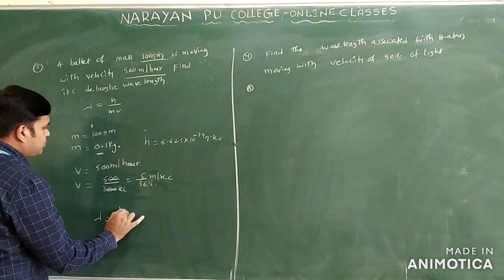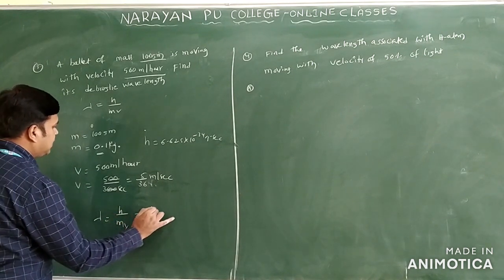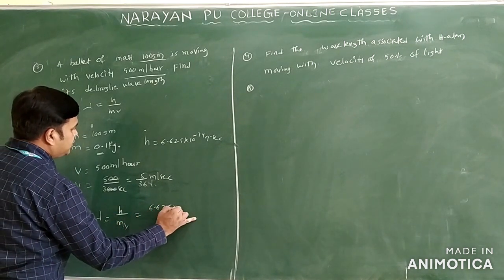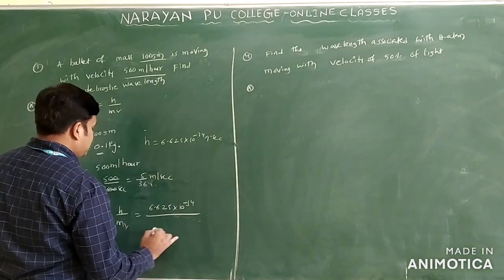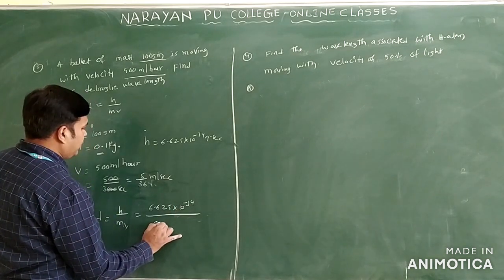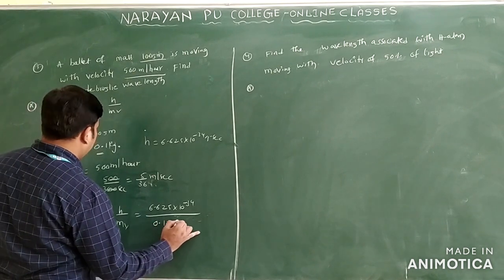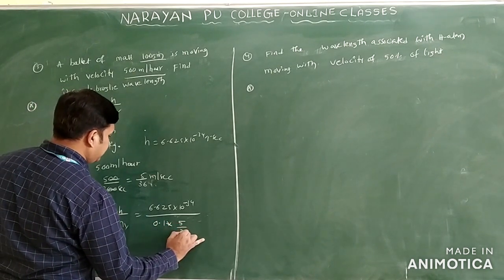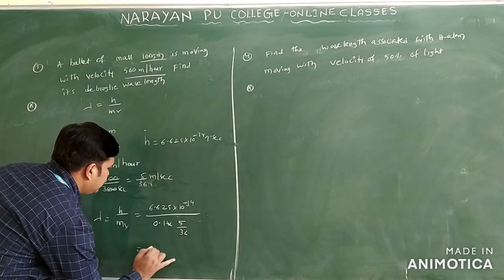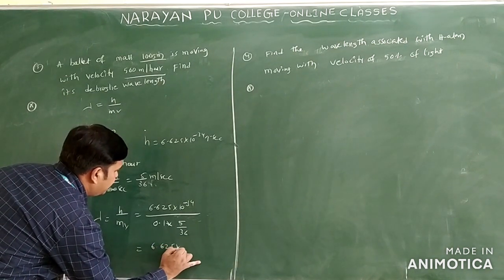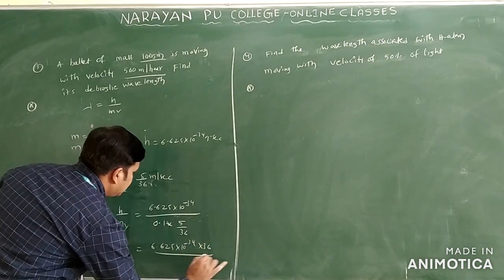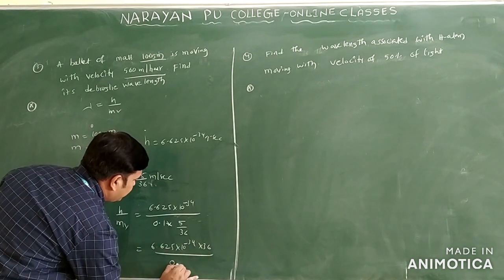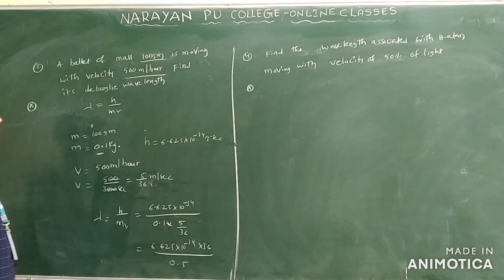Now lambda is equal to h by mv, that is equal to 6.625 into 10 power minus 34 by, mass 0.1 into 5 by 36. So you can write this as 6.625 into 10 power minus 34 into 36 by 0.1 into 5, that is 0.5.